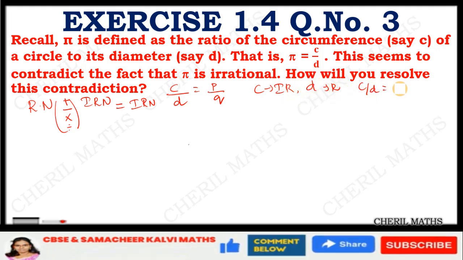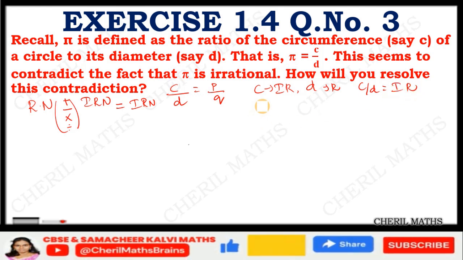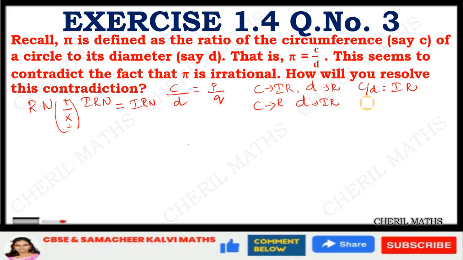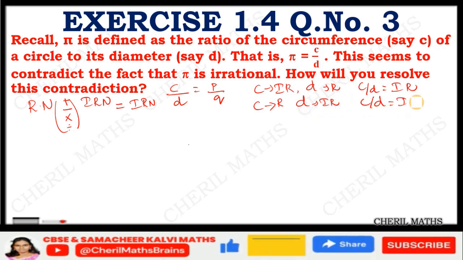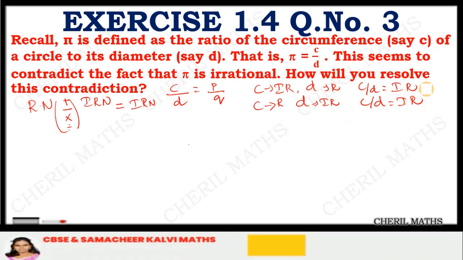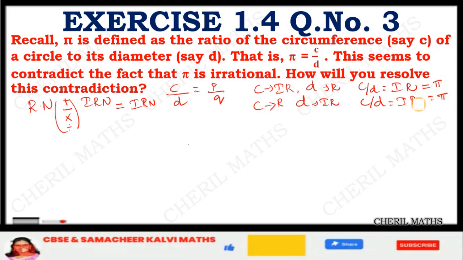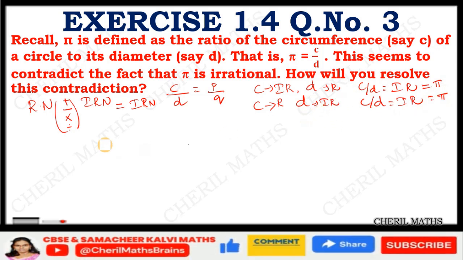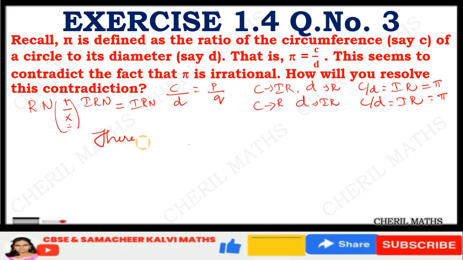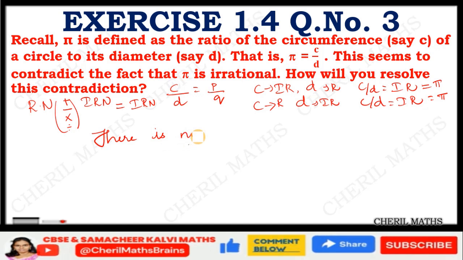Then C by D will be irrational only. Likewise, if C is rational and D is irrational, then again C by D will be irrational. So with this we can say that C by D is irrational. So it will always be equal to pi, which is also an irrational number. So the answer is that there is no contradiction.